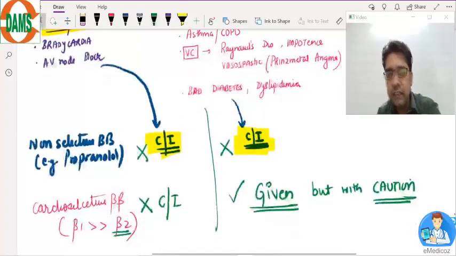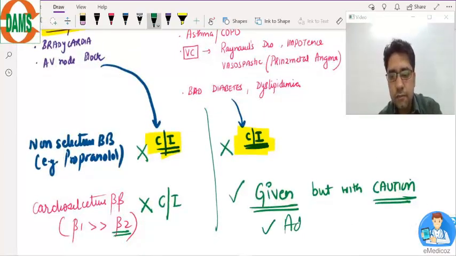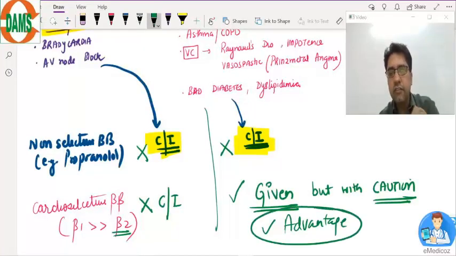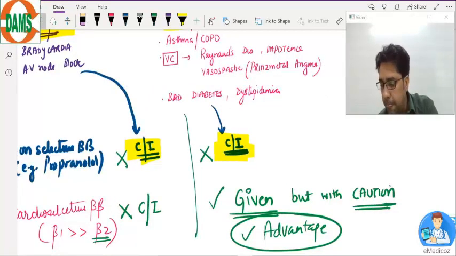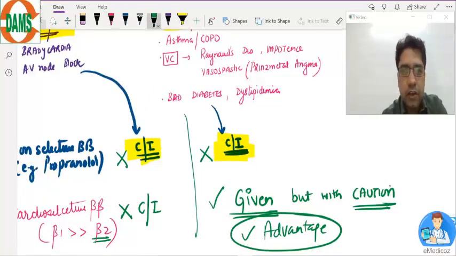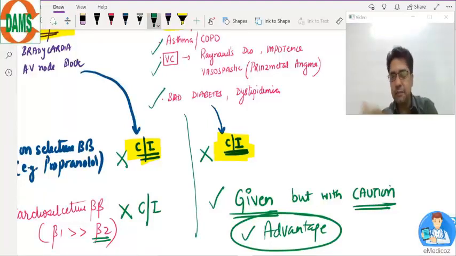Can we write this is their advantage? Because they are relatively safe in asthma, COPD, Raynaud's, diabetes, dyslipidemia. So this is the advantage of cardioselective beta blocker over non-selective beta blocker like propranolol.